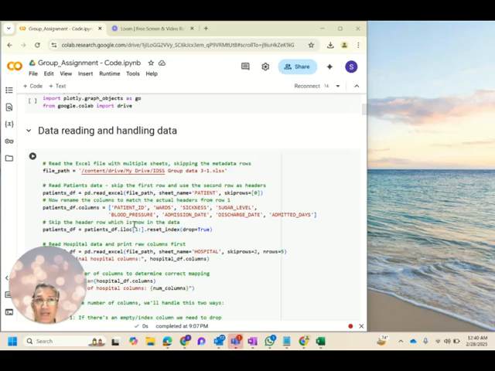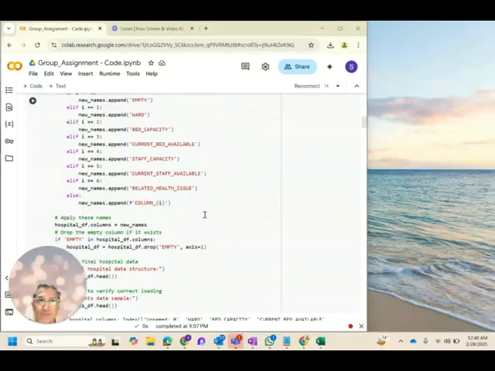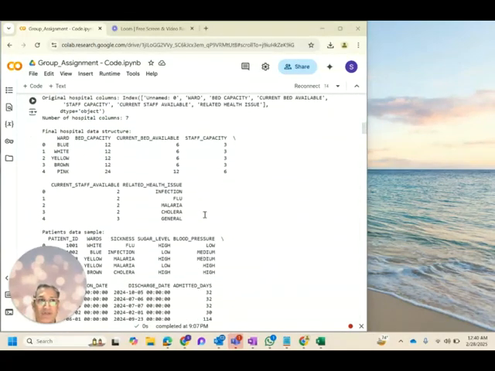Conditional logic is applied to handle various hospital data structures, ensuring clean and structured information by renaming and removing unnecessary columns. As an output, I am showing a simple output of 5 rows.